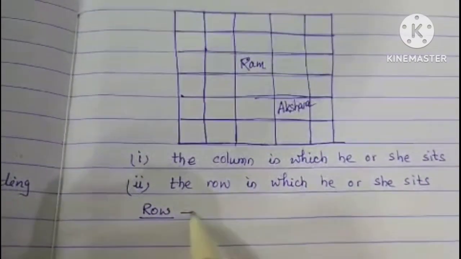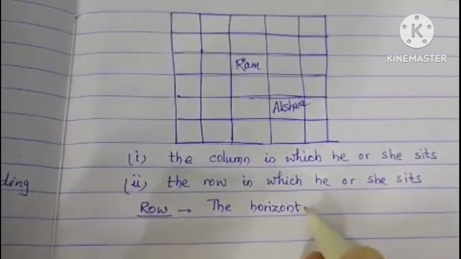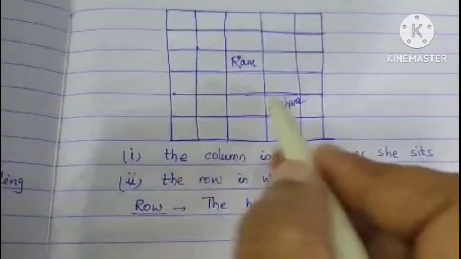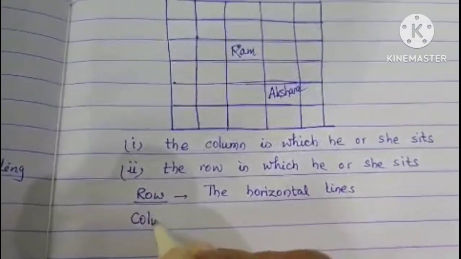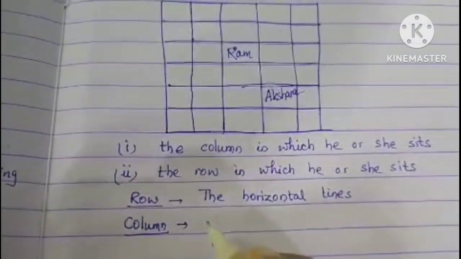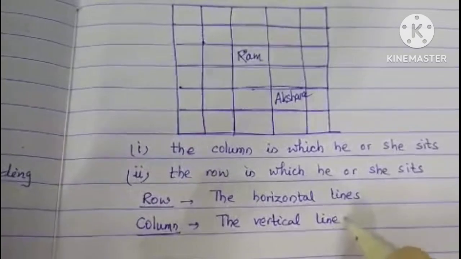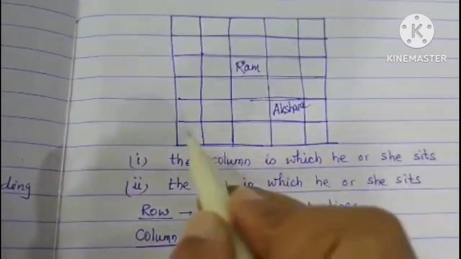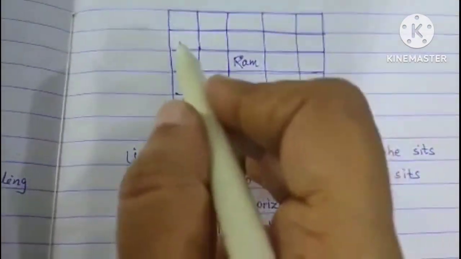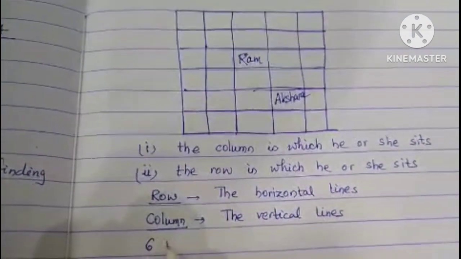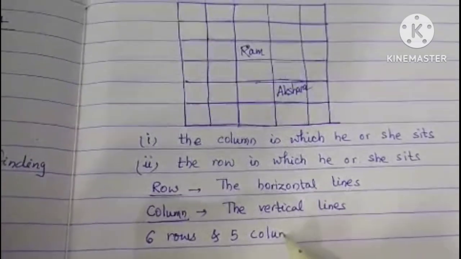Row is the horizontal one: these horizontal lines are called rows. And columns are the vertical lines. So these are the columns: 1, 2, 3, 4, 5 columns we have, and 1, 2, 3, 4, 5, 6 rows. So here we have 6 rows and 5 columns.